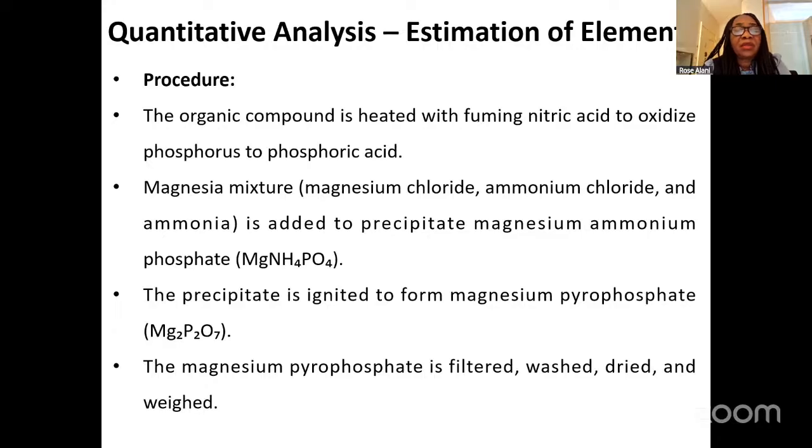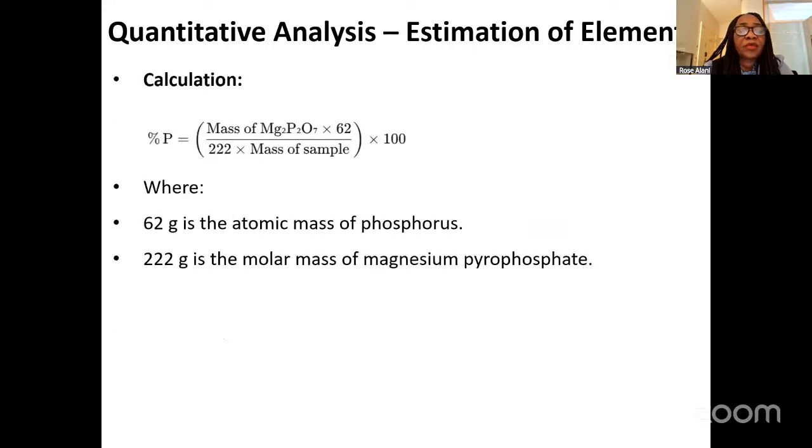And then magnesium mixture is added to precipitate magnesium ammonium phosphate. Then the precipitate is ignited to form magnesium pyrophosphate, which is then filtered, washed, dried, and weighed. And you can calculate it using this formula, noting the atomic mass of phosphorus and the molecular mass of magnesium pyrophosphate.